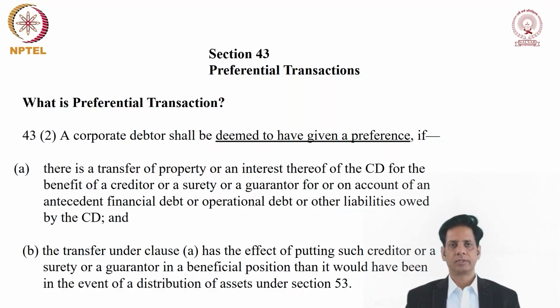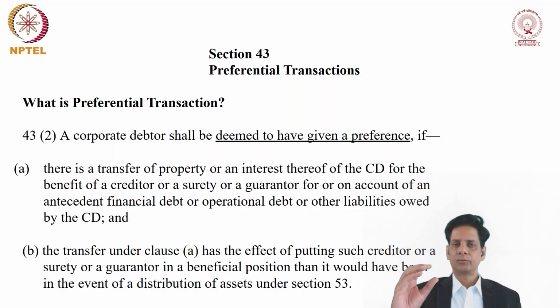So very clear, if I as a creditor had not entered into this transaction with the CD, then I would have only received a smaller amount under section 53 at the time of liquidation or CIRP. But now that I have entered into this transaction, I will definitely be in a better position. That is part B of section 43 subsection 2.